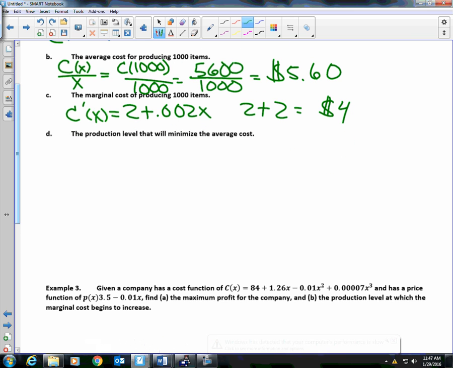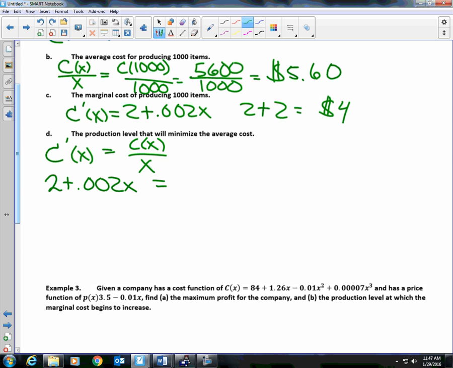So, finally, the production level that will minimize the average cost. If I want to minimize the average cost, I take the marginal cost function and set it equal to the average cost function. What is C prime of x? No, that's C prime of 1,000. C prime of x. 2 plus 0.002x. Good.